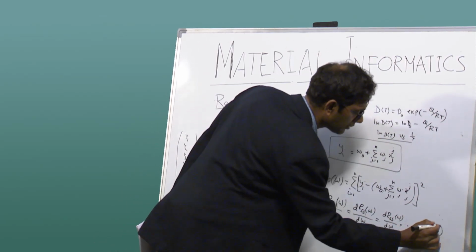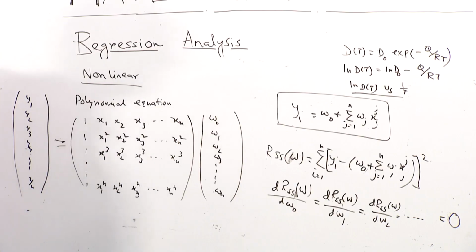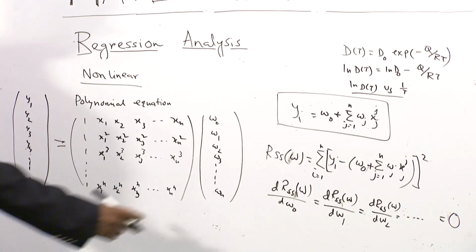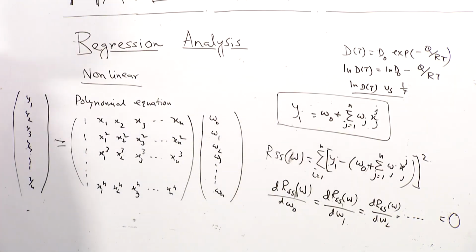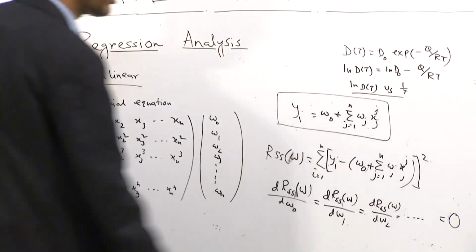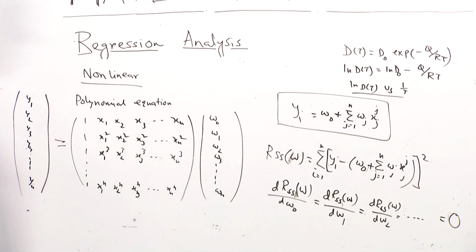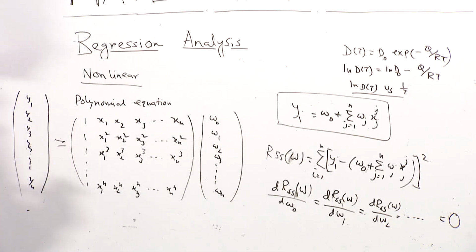Put a 0 there. That means each of these first order derivatives is 0. Then you can easily find out the values of the coefficients W0, W1, W2, W3, W4. Remember that this analysis which I showed you just now does not consider the error involved, right.